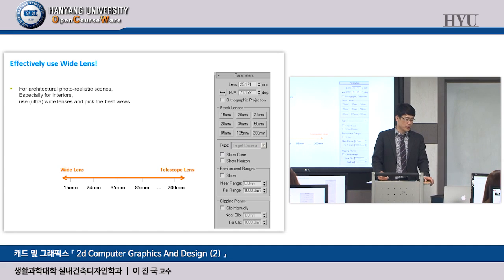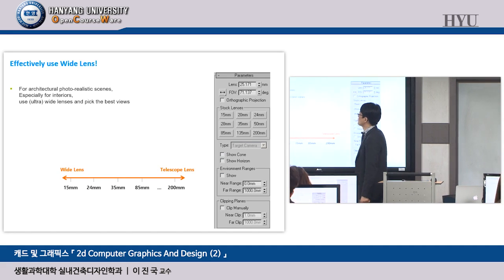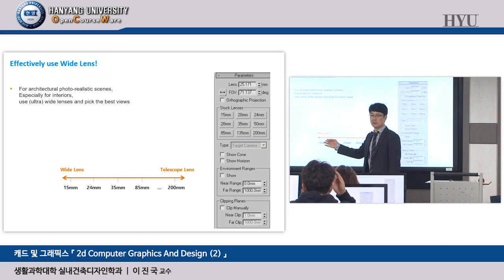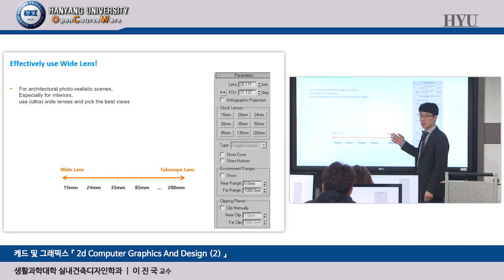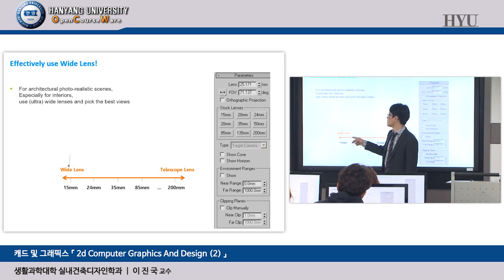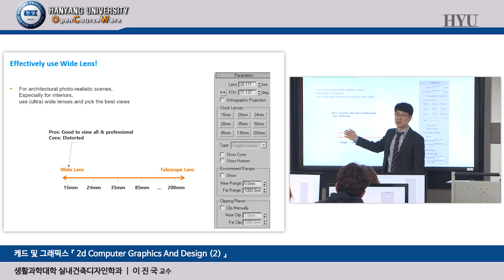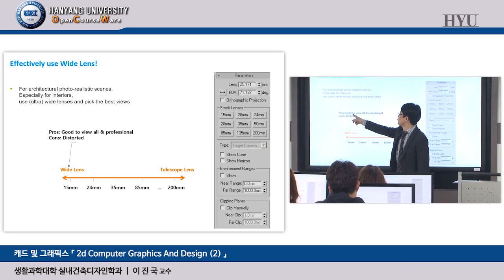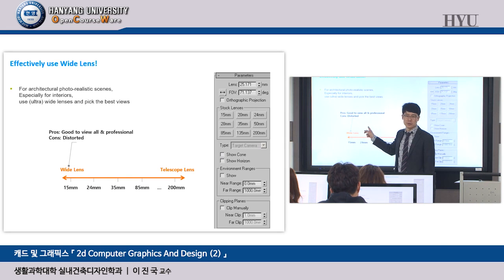Let's take a look. We need to use wide lens. Sometimes we need to use telescope lens for a spy shot, paparazzi shot, whatever. But anyway, why do we need to use wide lens? The lenses have pros and cons. Good to view all and looking professional.